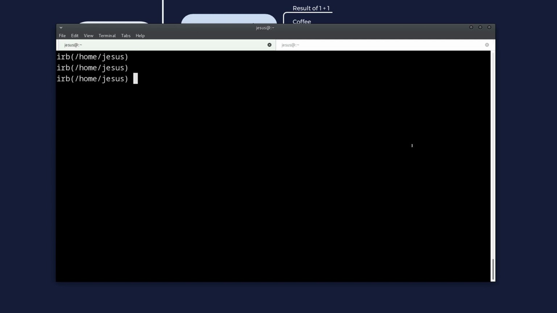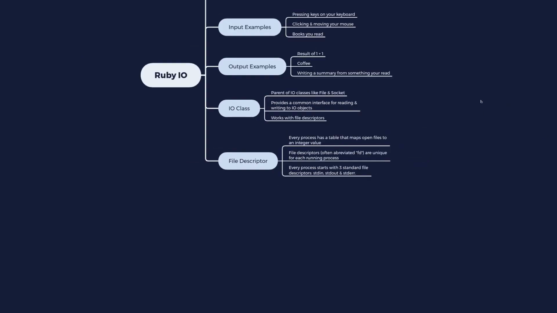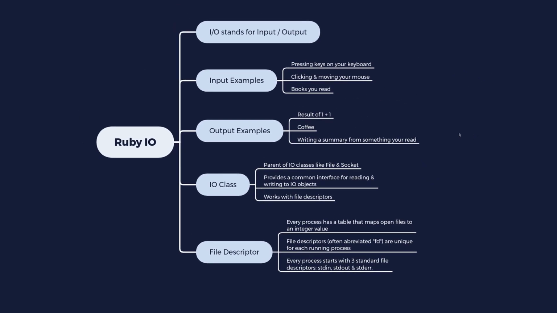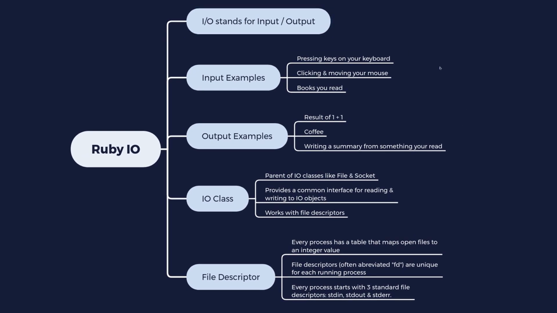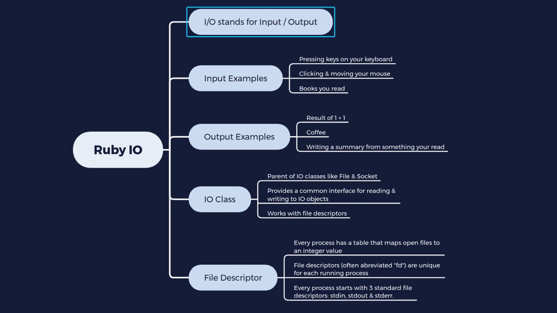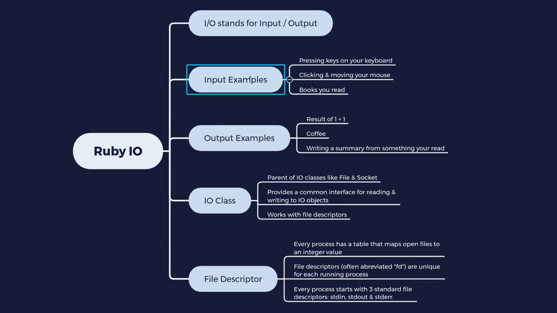So that's an overview of I/O in Ruby. It's probably a lot of information if you've never heard about these topics before. But the most important thing to remember right here is what I/O is. It stands for input output. Input is what comes into something, pressing keys on your keyboard, and output is what comes out, what you see on the screen, the result of some mathematical operation, the result of a Ruby method, the result of using a coffee machine that's ready with everything it needs, right?